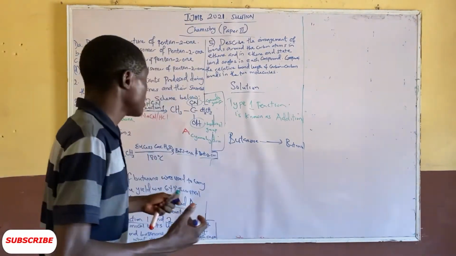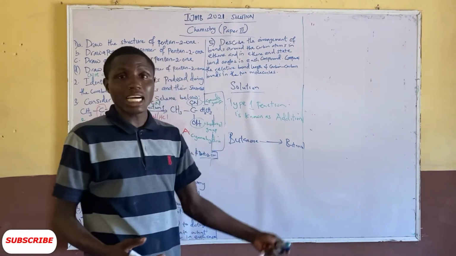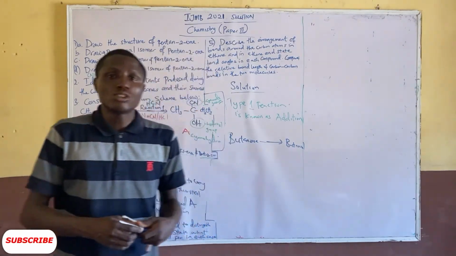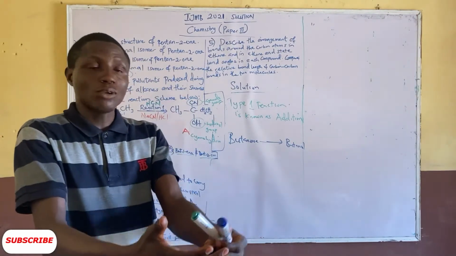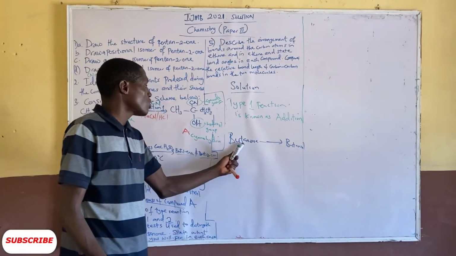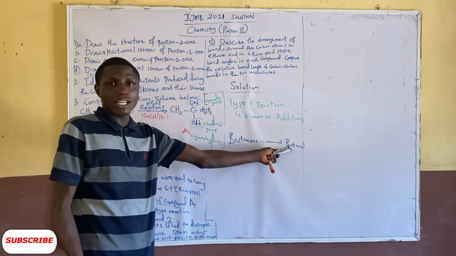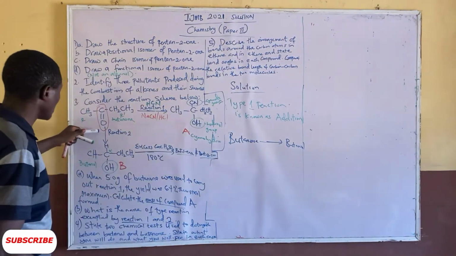Now the case is butanol forming butanol. So if butanol is oxidized to form butanol, now the butanol is being reduced to form butanol here. So that's why there's a reduction taking place here.